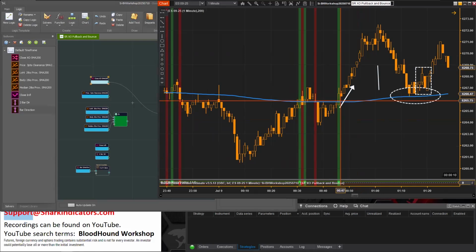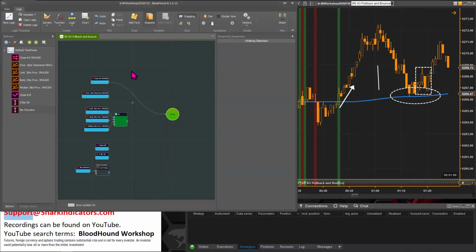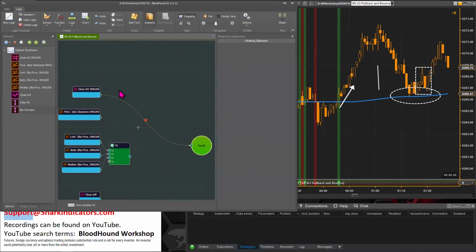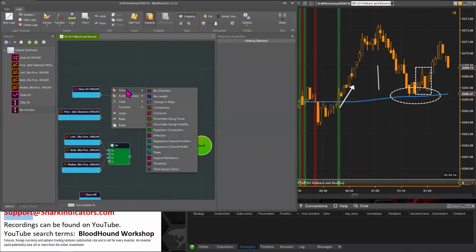So this needs to be extended forward here until we actually get the bounce. So let's see here. We're going to need a signal extender.